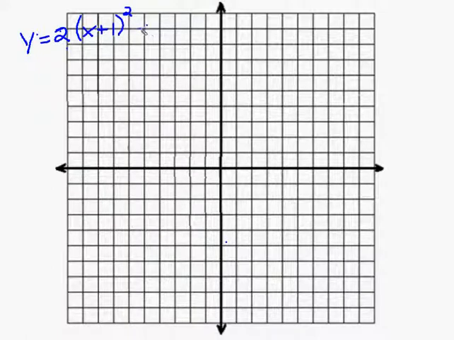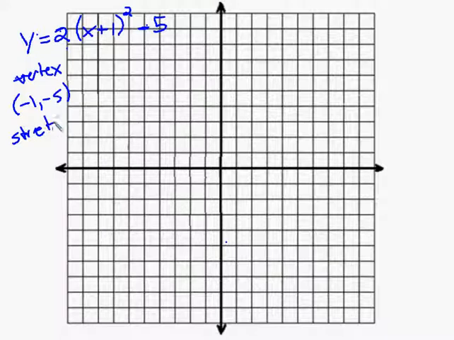That squared's important. Minus 5. What's my vertex? Negative 1, negative 5. What's my stretch? 2. My stretch is 2, because we're going to have a stretch this time.